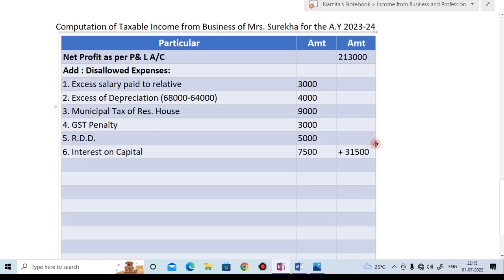Now add these two amounts, that is 2,13,000 plus the disallowed expenses total. How much is the disallowed expenses total? 31,500. So 2,13,000 plus 31,500, we get 2,44,500.